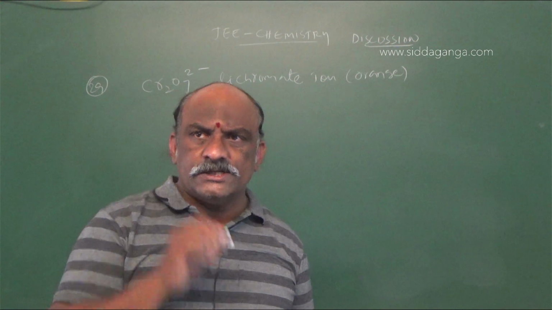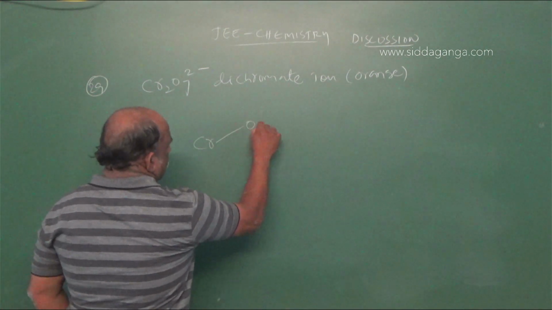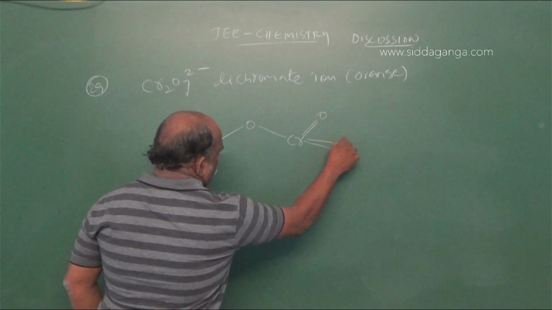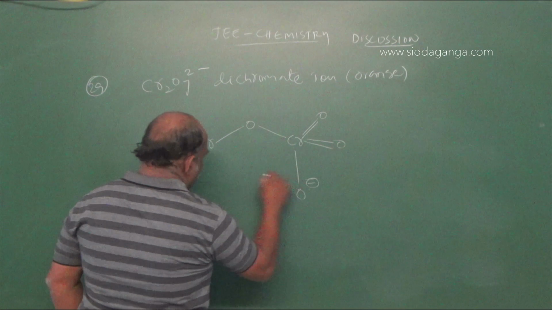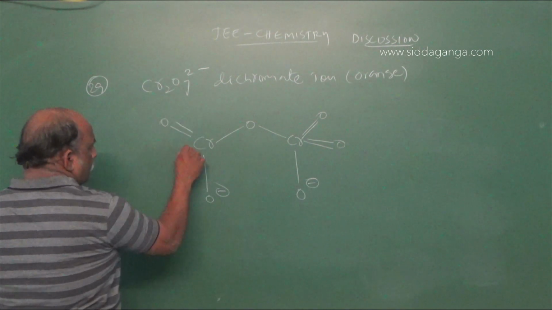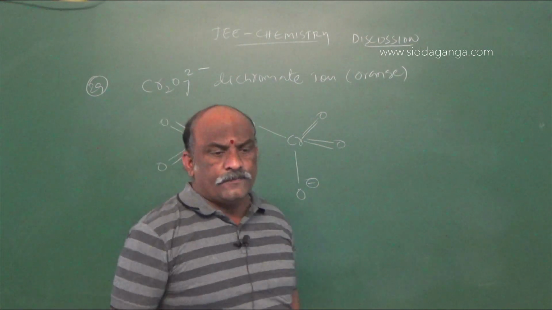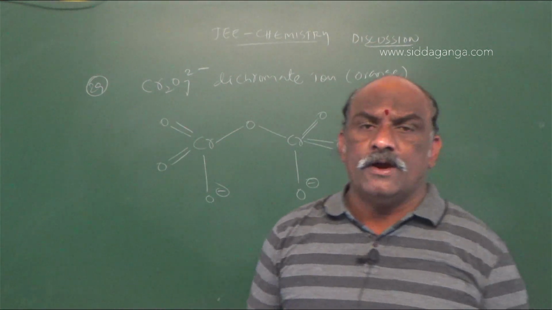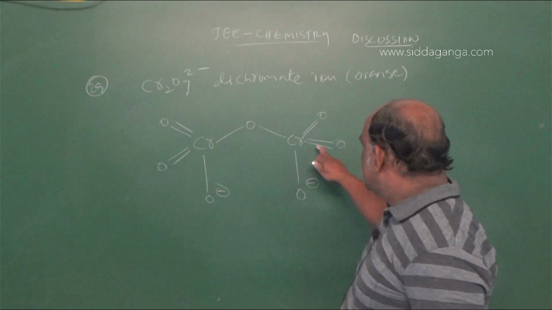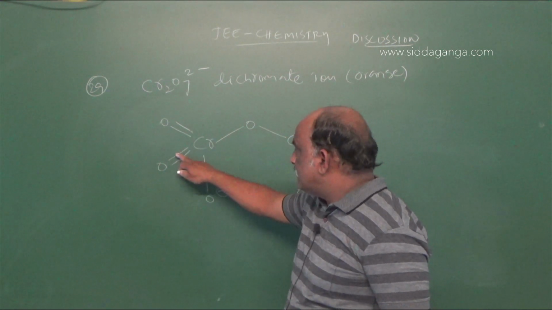So what about the structure of the dichromate ion? The dichromate ion structure is like this. In this dichromate ion, we have to calculate the number of sigma bonds. 1, 2, 3, 4, 5, 6, 7, 8.